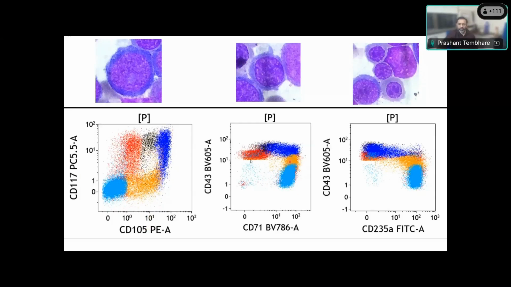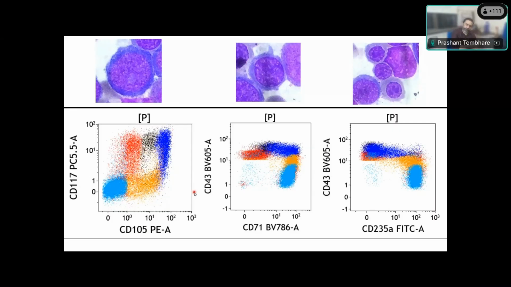It has strong expression of CD71, loss of CD43, and strong expression of CD235A. So CD235 strongly positive, CD71 strongly positive, CD117 and CD105 negative, loss of CD43. By using these four markers, you can typically study the different stages of normoblast maturation.